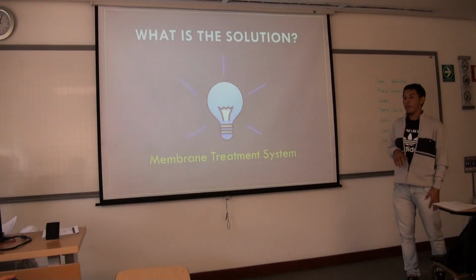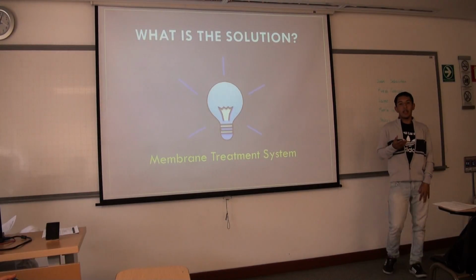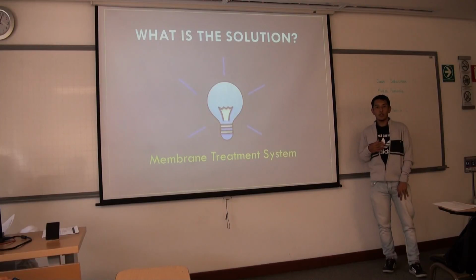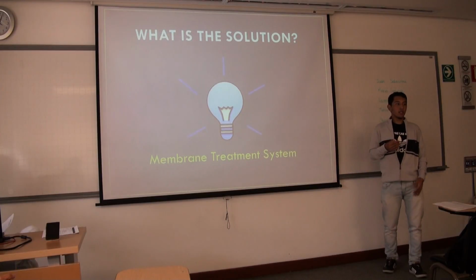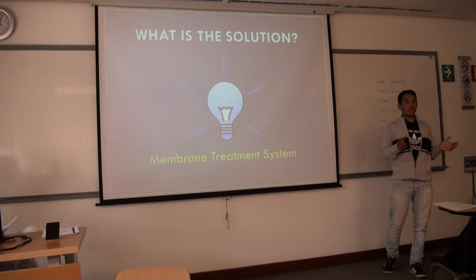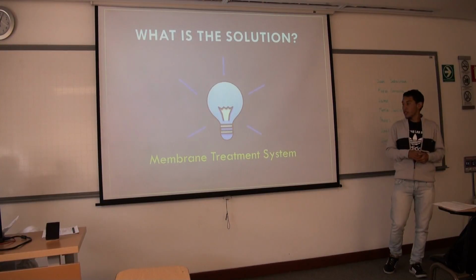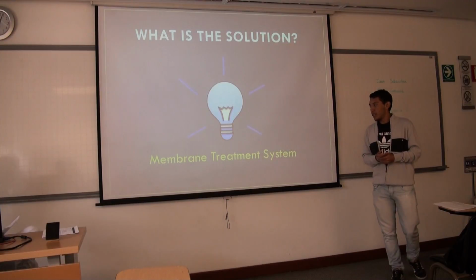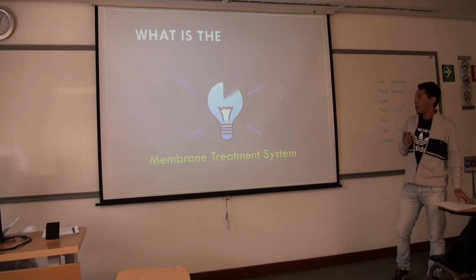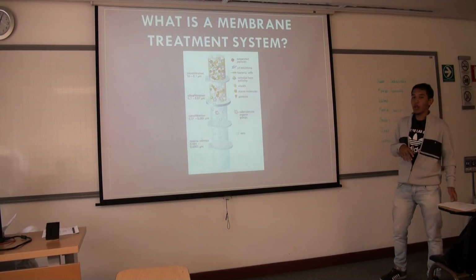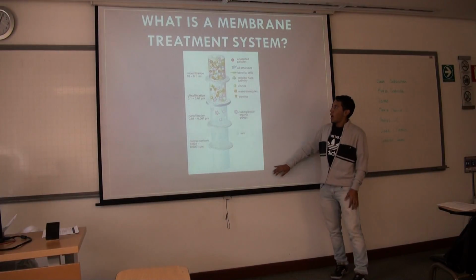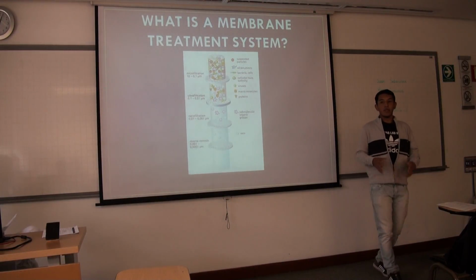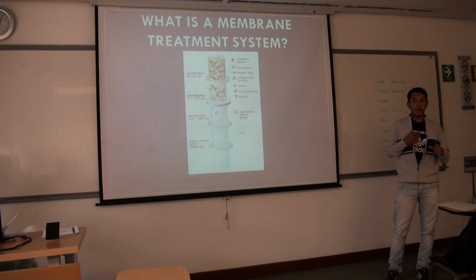What is the solution? Well, basically the experts say that the effective solution to remove those pollutants, that are the particles that the industry doesn't want in the water, is the membrane treatment system. So I want to explain a little what it is. Well, basically we have the image, and depending on the holes in the membrane, you can retain the particles.